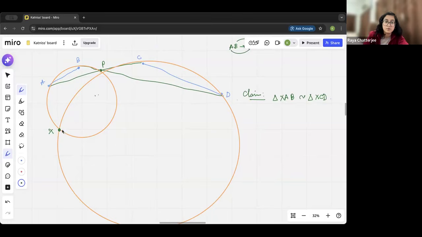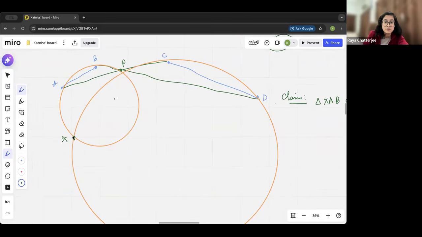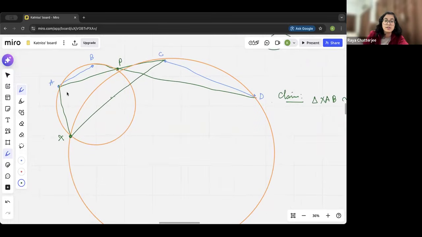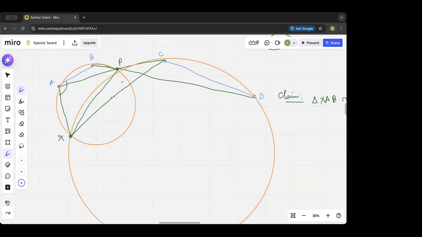Perfect, yeah. So I'll just repeat what Bhairav said. It is enough to prove that angle XAB is equal to angle XCD, right? So angle XAB is equal to 180 minus, sure, wait, what? Oh wait, no, that's not right.